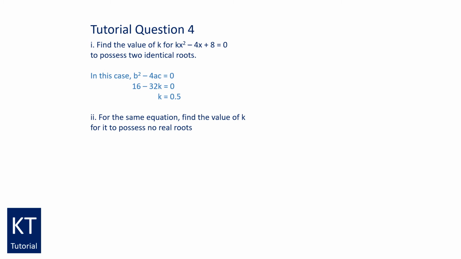Knowing that b squared minus 4ac must equal 0 to possess 2 identical roots, we could position this as an equation and solve for k. And knowing that b squared minus 4ac must be less than 0 for it to have no real roots, we could again work out the equation to solve for k.